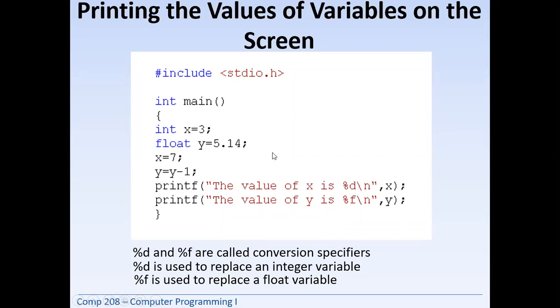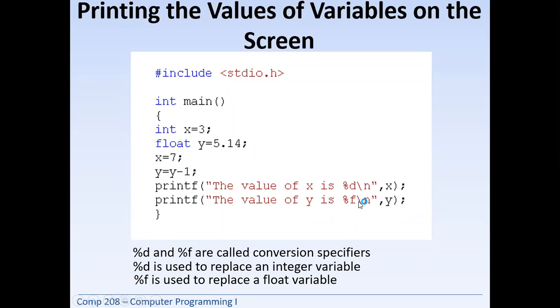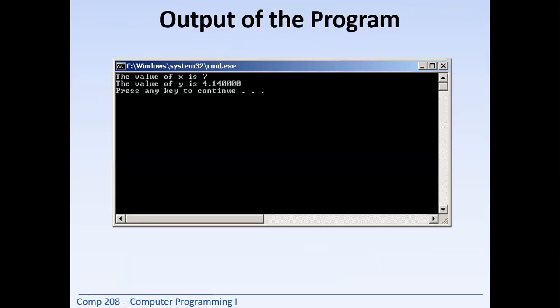Now, because x is an integer, we put %d, and because y is a float, we put %f. So f for float number, d for integer number. The screen will show: the value of x is, instead of %d, the value of x. The value of y is, instead of %f, the value of y.